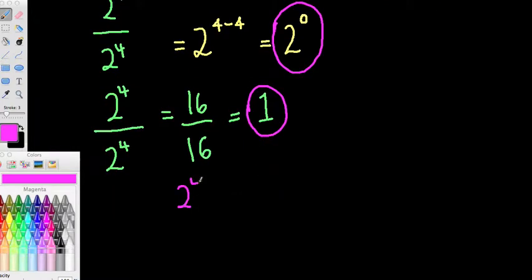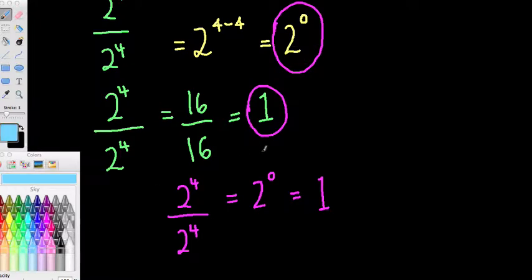Now mathematically I could write this in a pretty neat way. I can write it like this. If 2 to the power of 0 is equal to this problem here, 2 to the 4 over 2 to the 4, but I know that 2 to the 4 over 2 to the 4 is actually equal to 1, I can make these all equal to each other.